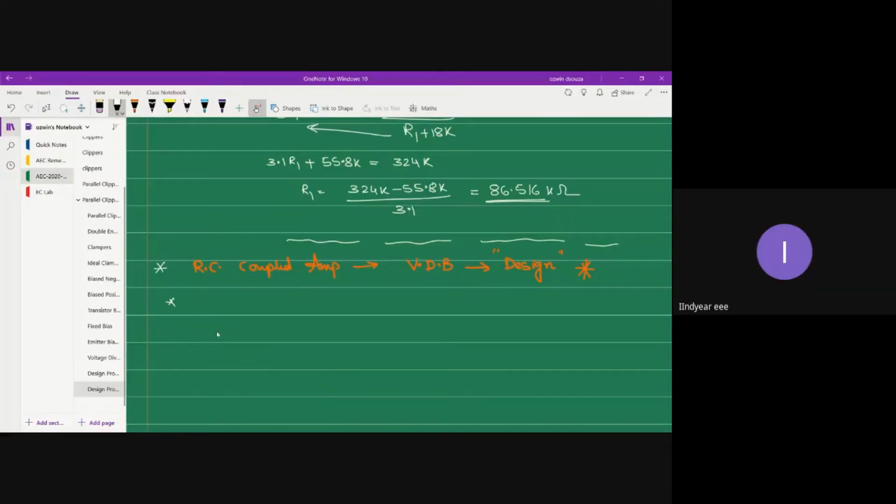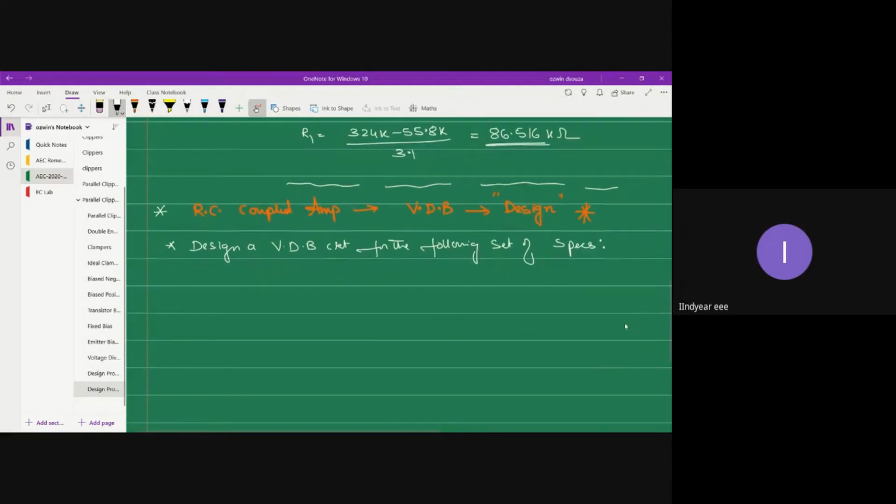So the problem statement: for the following set of specifications, design a voltage divider bias circuit.